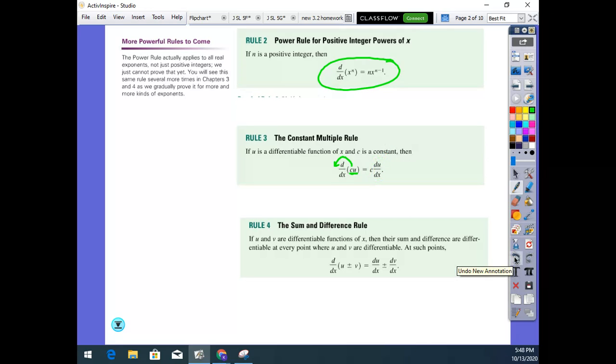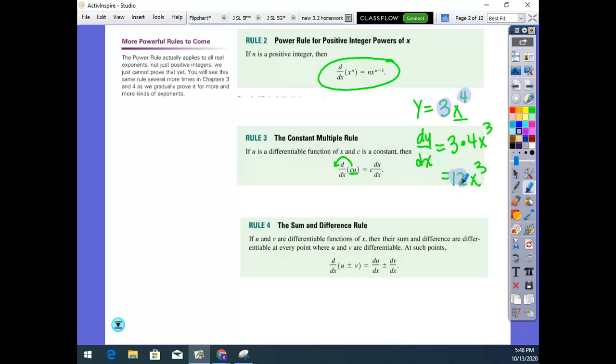So where this comes into play is if my function has a coefficient, my derivative is 3 times the derivative of the function. So notice what we do. We take the exponent times the coefficient out front and subtract 1 from the exponent every time.